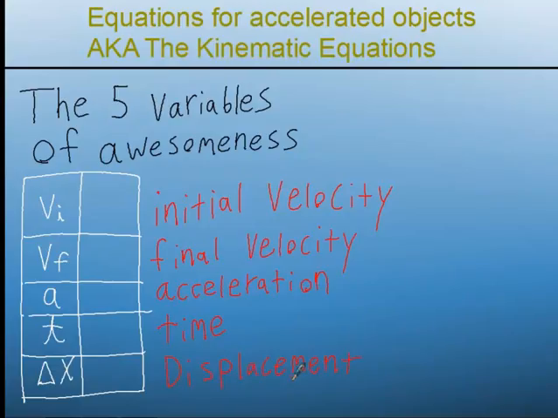If you were to put a mark where it started and put a mark where it ended, it's how far away those two are. And be careful, because delta x can also be negative. If you end up behind the location where you started, that would be a negative delta x. One of the biggest mistakes I see in my class, so be very careful with this. And we'll do some examples later on where you'll see it in action.